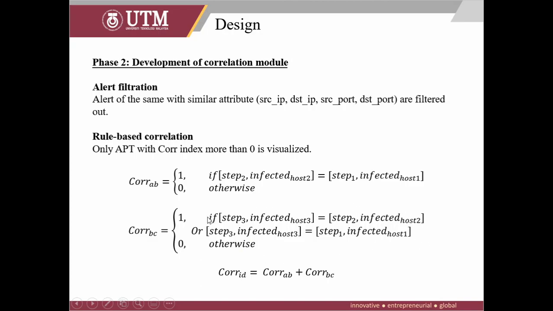If they are the same host and same destination host, it means they are related, and we only visualize APT stages that have a correlation index of more than 0. If it is 0, it means they are not related, so we will not visualize them.